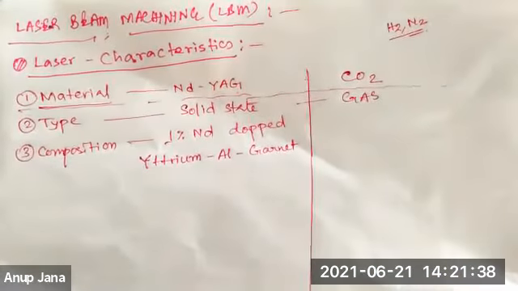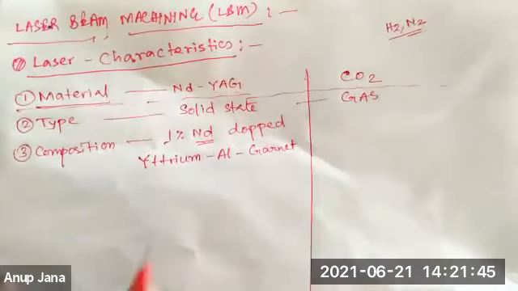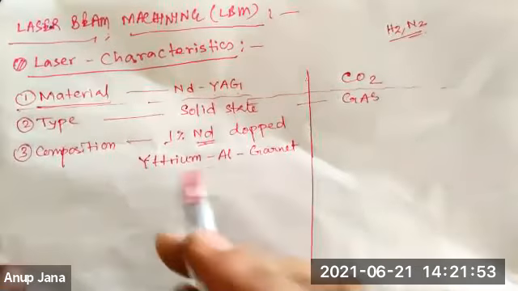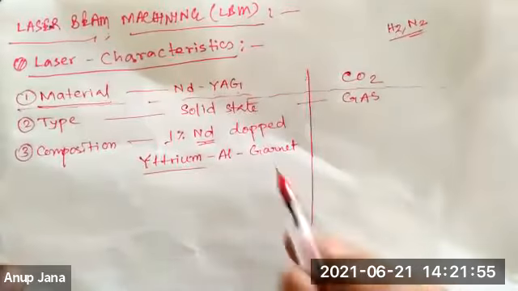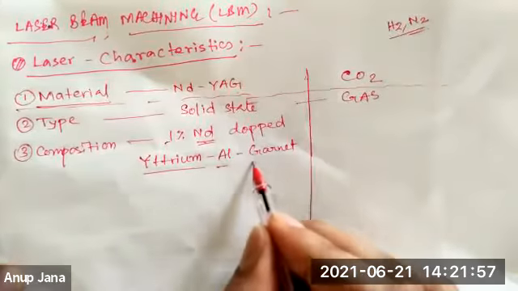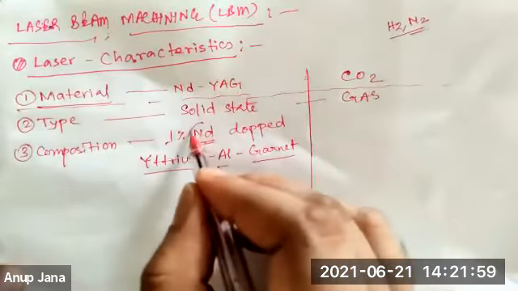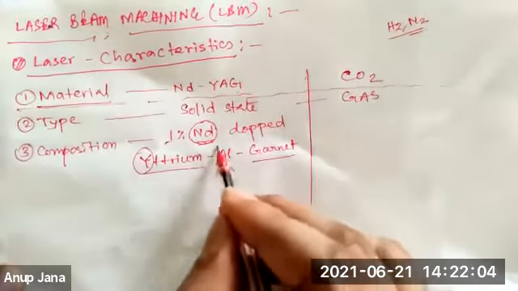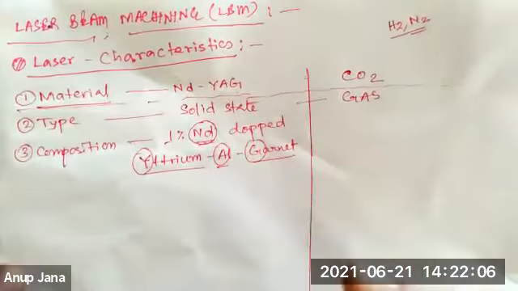Now, what is this ND? ND is neodymium. What is this? Yttrium. What is this? Aluminium. And this is garnet. So that's the reason why we write ND-YAG.